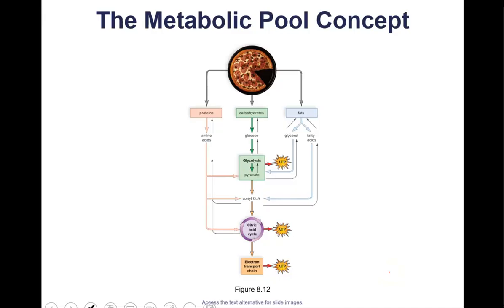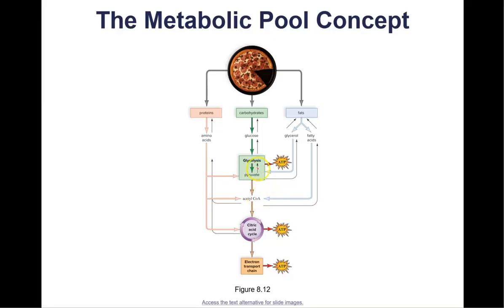So when we eat food like this pizza, we have this metabolic pool concept, and that means that when we eat food, the proteins and carbohydrates and fats are broken down in our digestive system. And then components from this breakdown are going to enter the cellular respiration at some point.